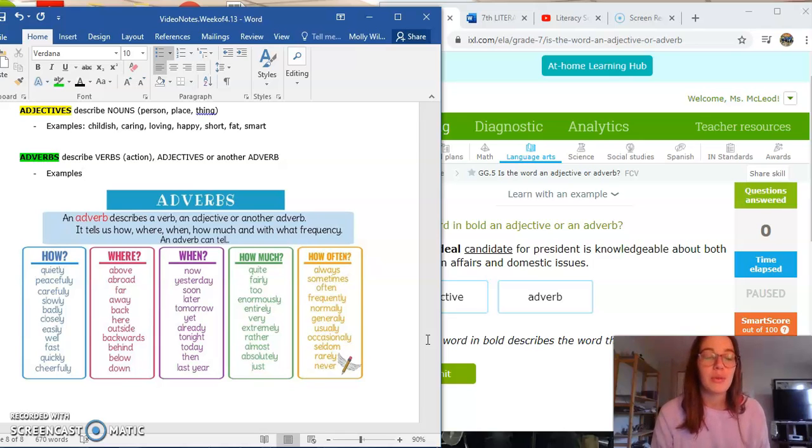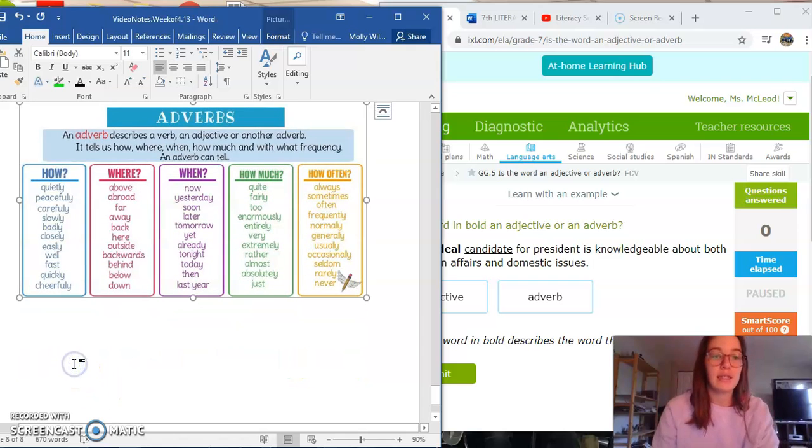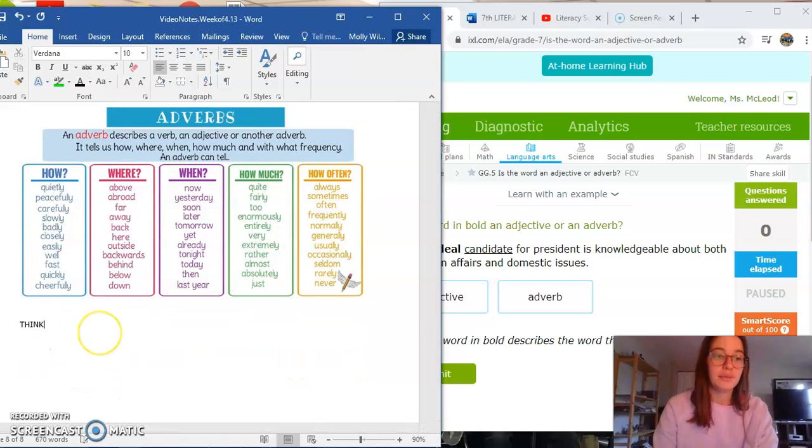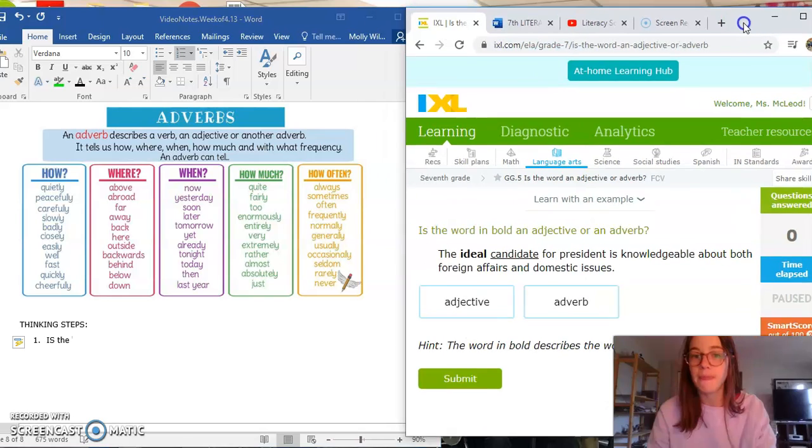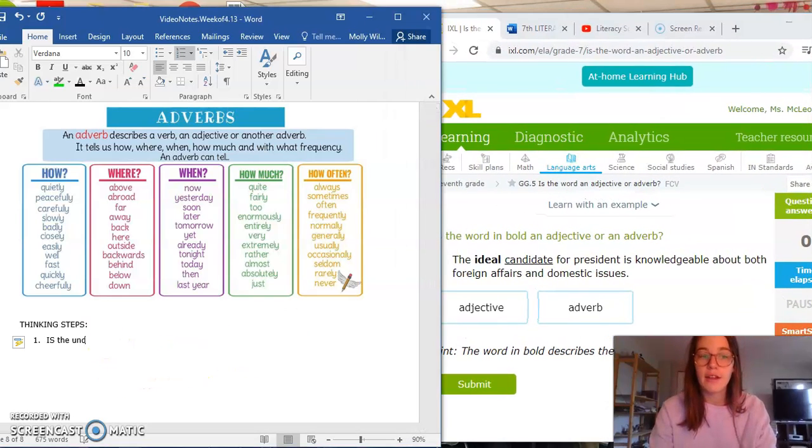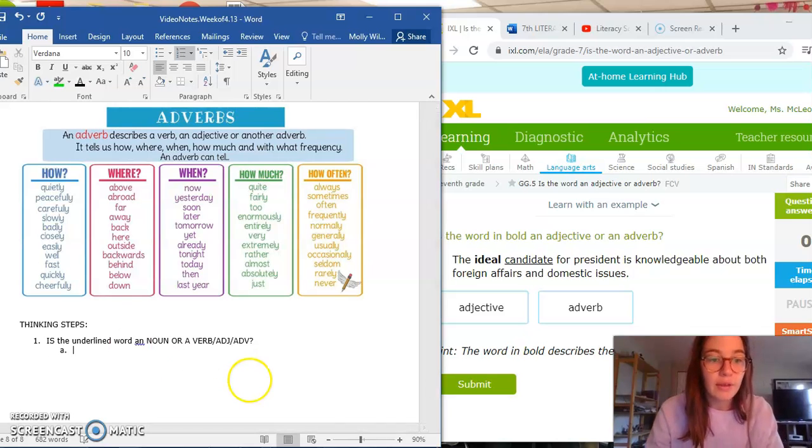So our thinking steps for this one is we need to figure out, is the underlined word a noun, a verb, an adjective, or an adverb? If it's a noun, then we know that the word before it, the bolded word, is, do you remember?